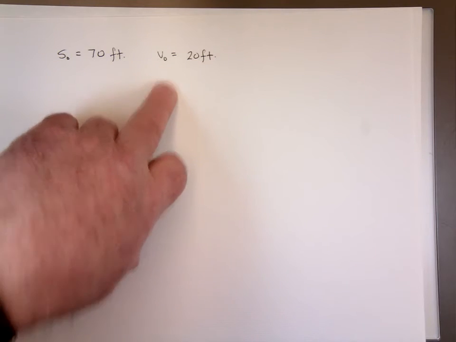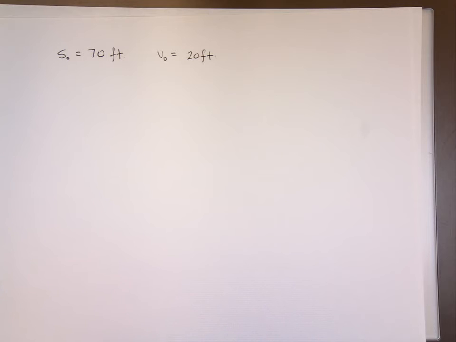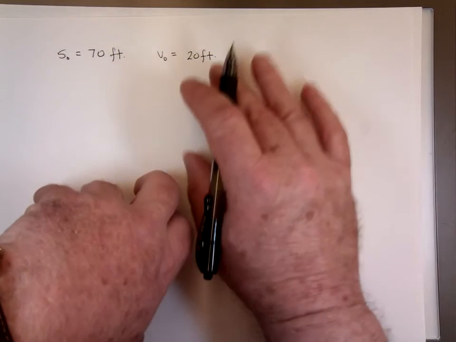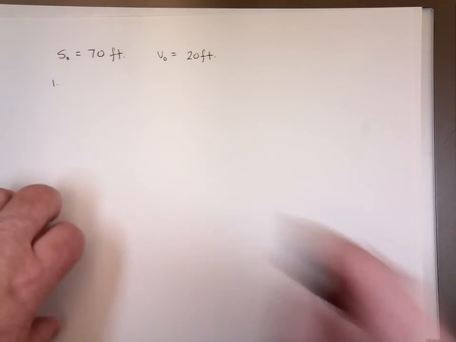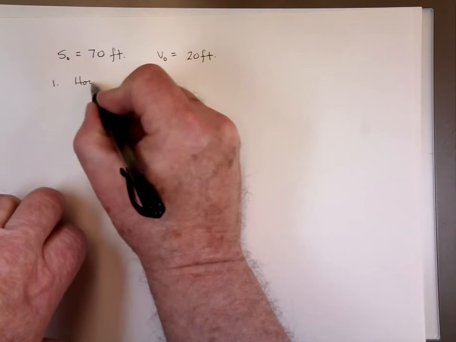What kind of things can we do just by knowing that? And we know gravity, of course, is negative 32 feet per second squared, okay? The negative is already built into the formula, by the way. All right, so we have that. Here are the kinds of things I want you to be able to do. First, how high does the pretzel go?